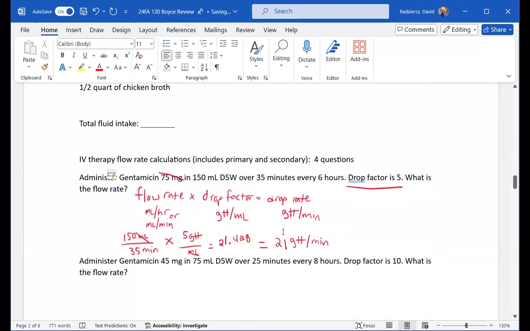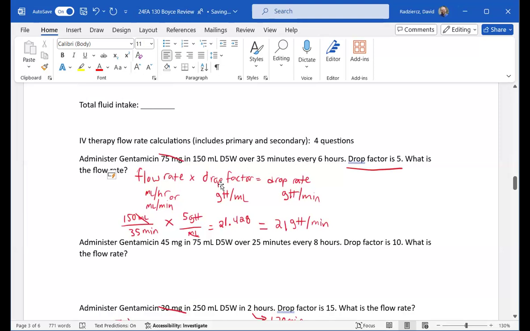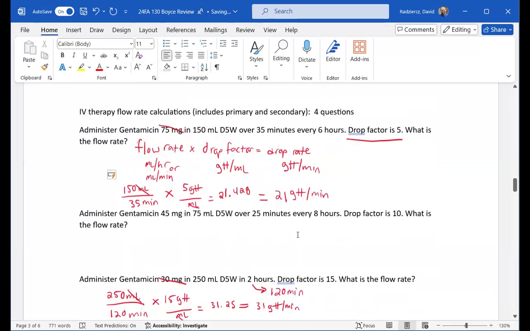So the ones that I worked through, I already did the flow rate type question. So I'll do the second one that's listed here since it's new. And I'm just going to go in order this time. If you were here on Tuesday, I did flow rates first.